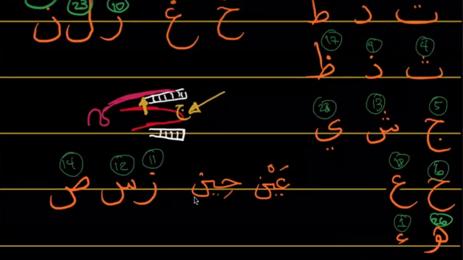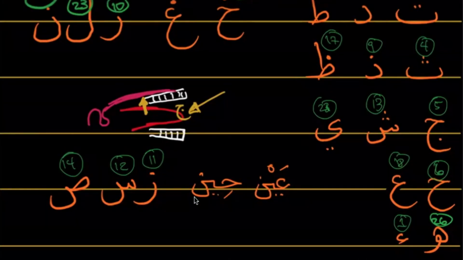Zai, Sin, Thawd. Now, if you want a nice Zai, you actually need to suppress some of the air. When you say Sin, you don't suppress any of the air. The air is coming out. Also, when you say Thawd, you're not suppressing any of the air. But when you say Zai, you are suppressing some of the air. It's not a free flow of air here. There's a blockage.